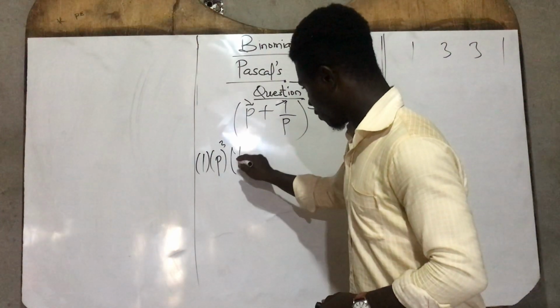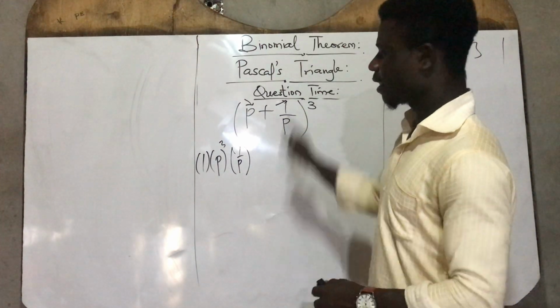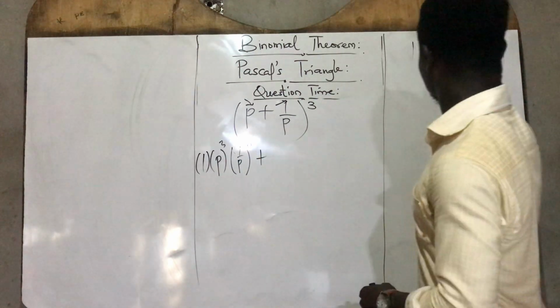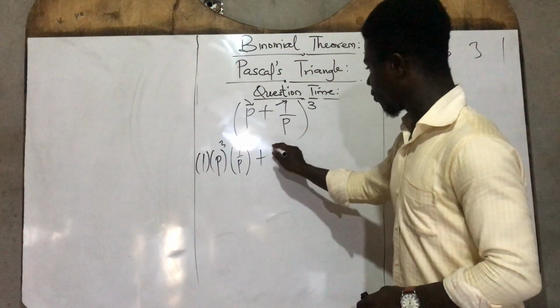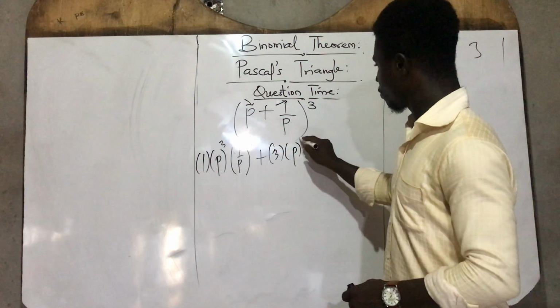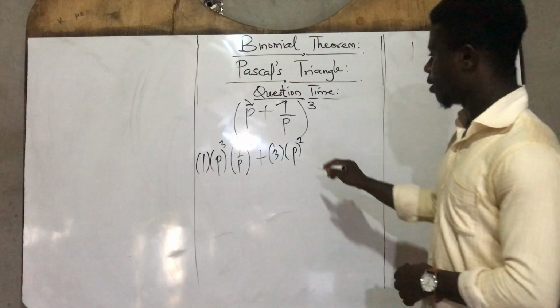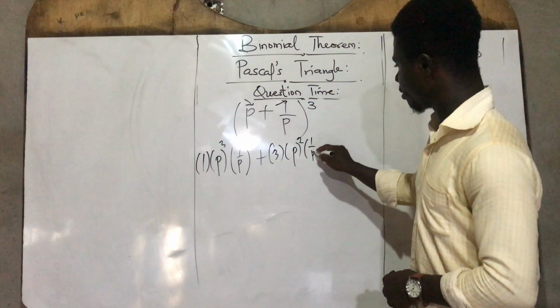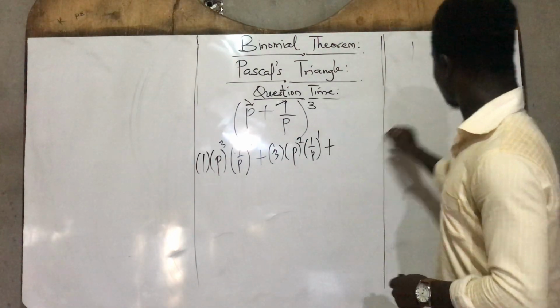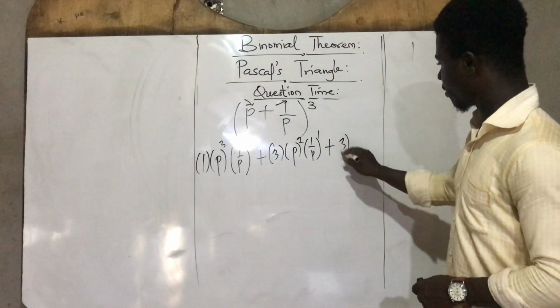Then times 1 on p, it is increasing, so it will start with 0. Then plus, the next coefficient is 3. So 3 times p, it will move to 2, because it's decreasing. Then here, 1 on p, it will increase, so 1. Then plus the next coefficient, which is 3.